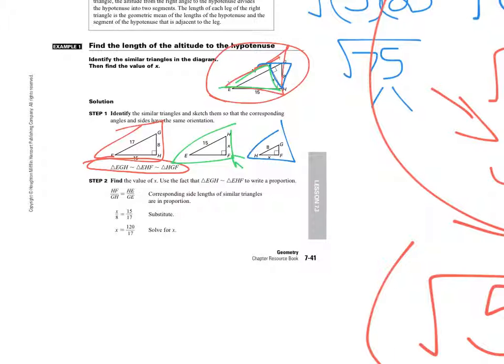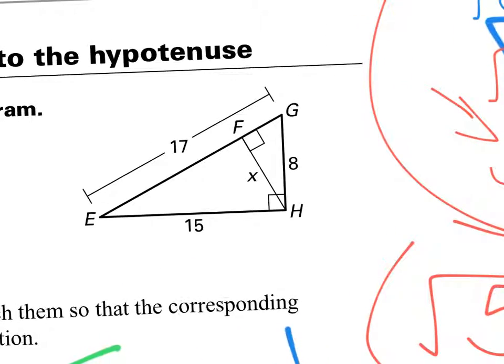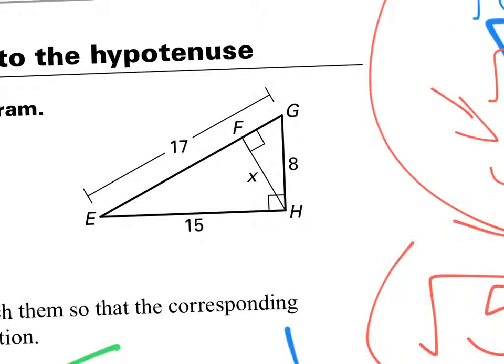Okay, when we're referring to legs, we're always talking about the big triangle. So for example, here is my original large right triangle right here. When I'm referring to legs, I'm talking about the legs of the original triangle, because here's my right angle, and the legs make up the right angle.